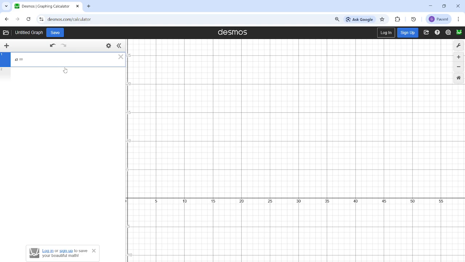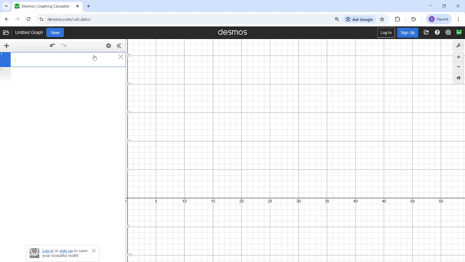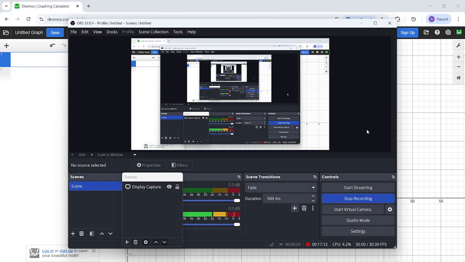First you plug in the points, and then you could write distance A and B. It will show you the distance, or you can call it the length, between those points. That's how you can use Desmos for geometric questions.